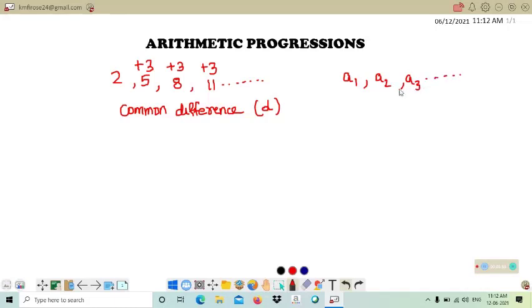When we represent like this, we can say the common difference is a2 minus a1, a3 minus a2. Example, 5 minus 2 is 3, 8 minus 5 is 3, 11 minus 8 is 3. So all these are 3. The common difference will be the same, that means that is a fixed number.